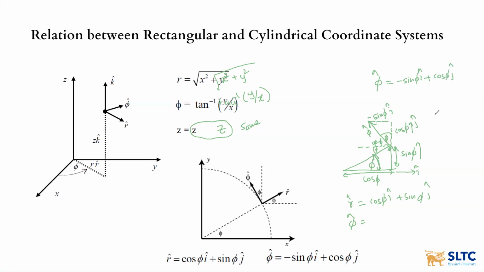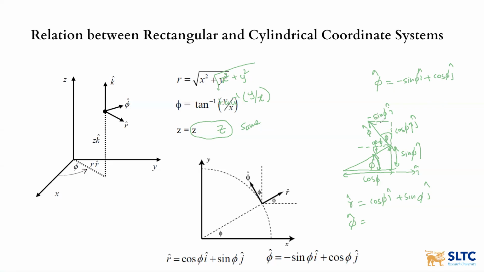Right? I hope it is clear to you. So phi hat is a unit vector. Its magnitude is 1. Therefore, once I take the magnitude of all these sides, the magnitude is 1 into sine phi, right?